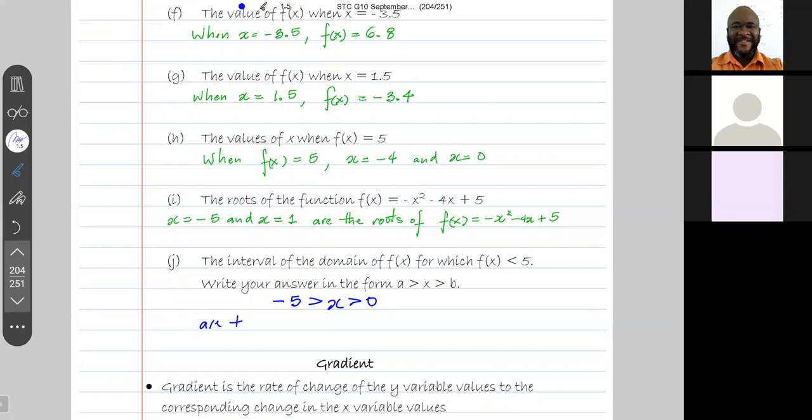The domain is the interval of the domain where f of x is less than 5.